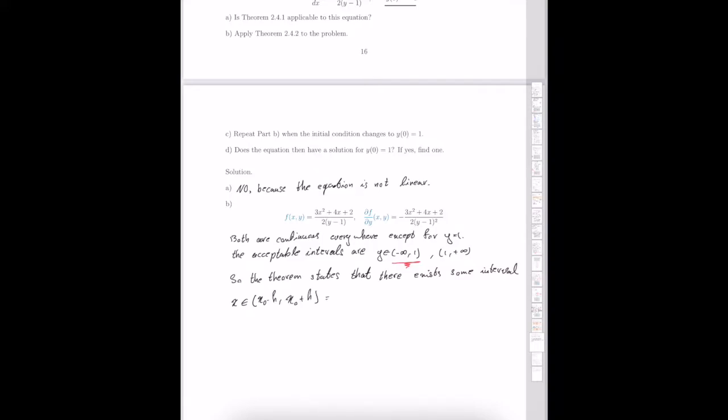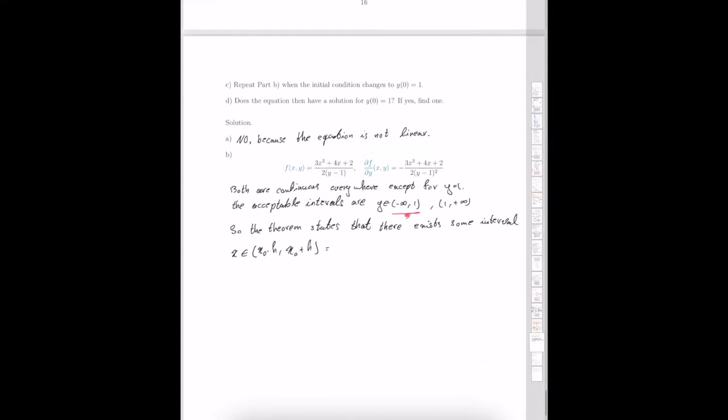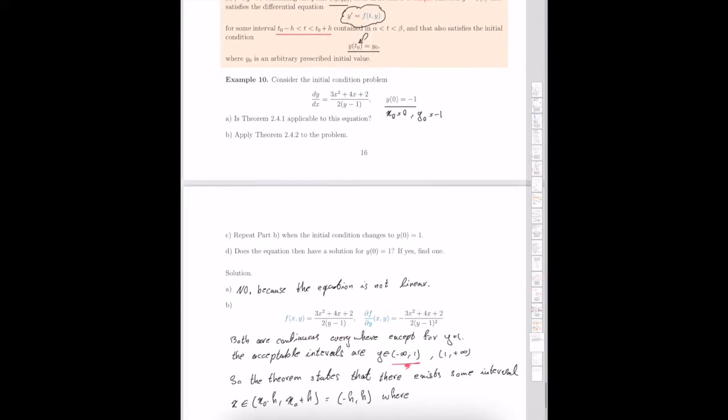Just to be clear, this means x0 equals 0 and y0 equals minus 1. So in the interval minus h and plus h, there exists some such interval where there exists a unique solution.